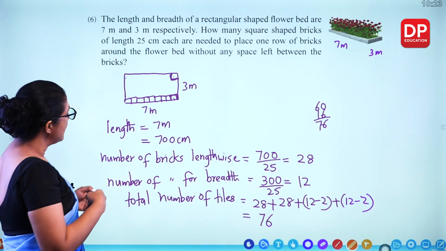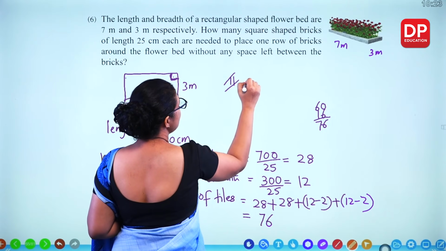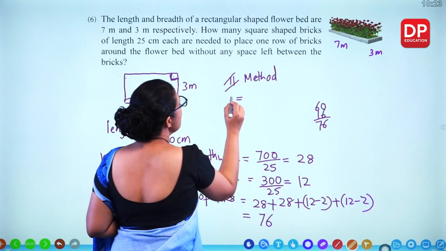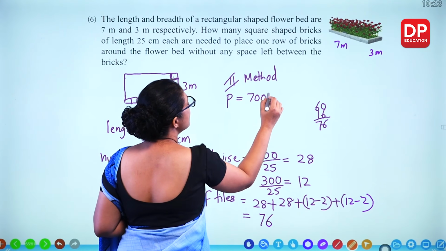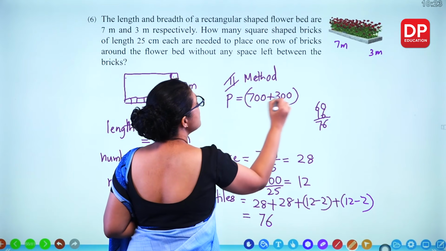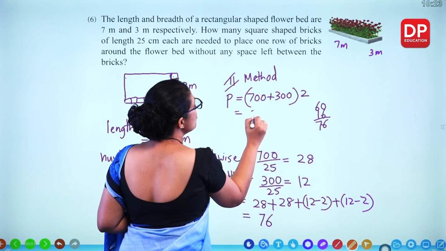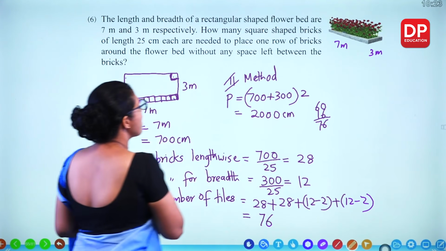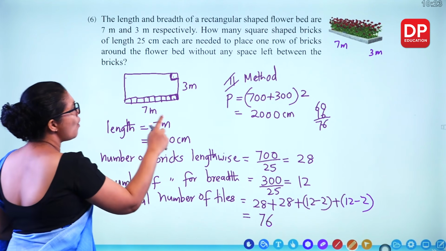If you take the perimeter, what's the second method? You can do perimeter of this figure is 700 plus 300 into 2. 2 times L plus B. So what's that? 2000 is the total length. Then divide by 4.